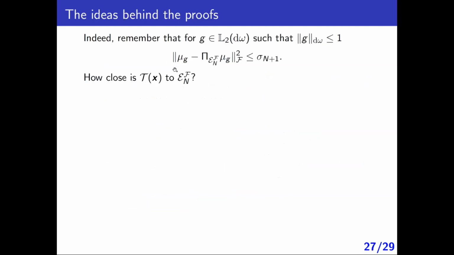Now remember that we know that the projection onto the subspace of the eigenfunctions has the optimal rate sigma n plus 1. And the question is, since this subspace is optimal, how close is T of X to this eigenfunction subspace?